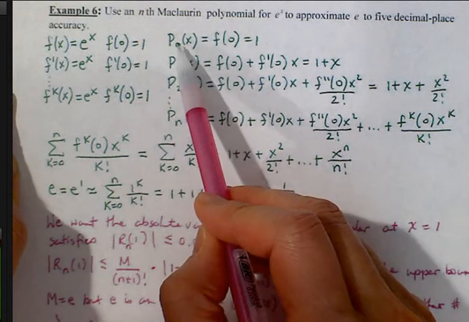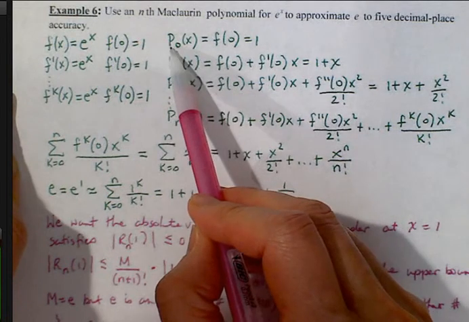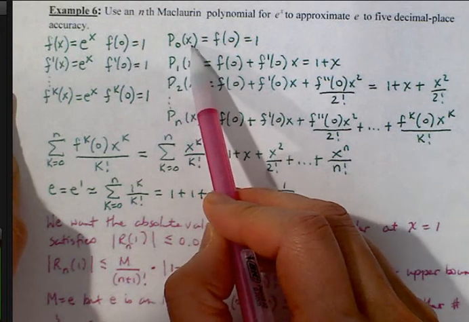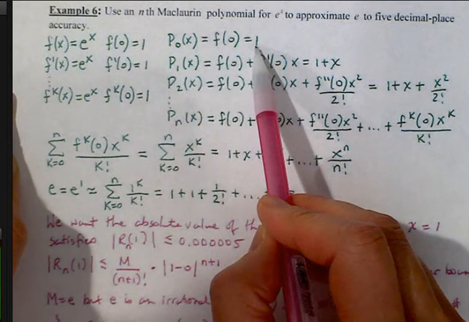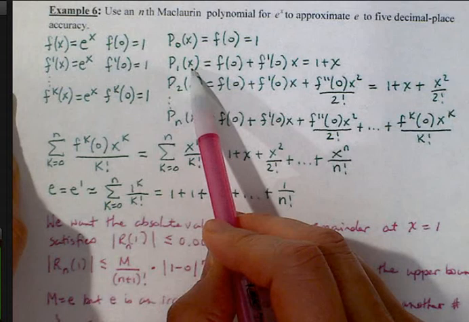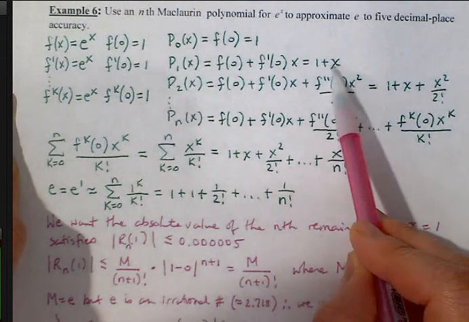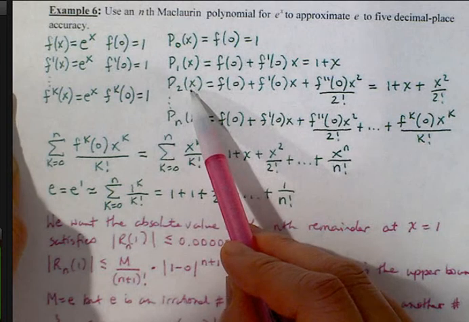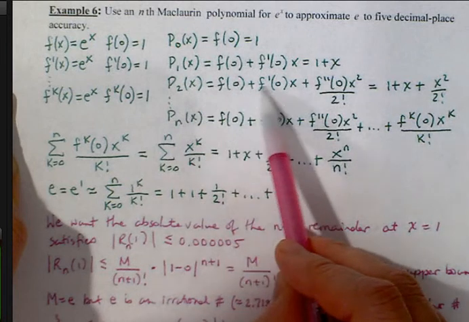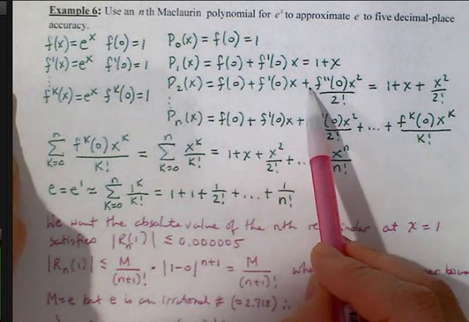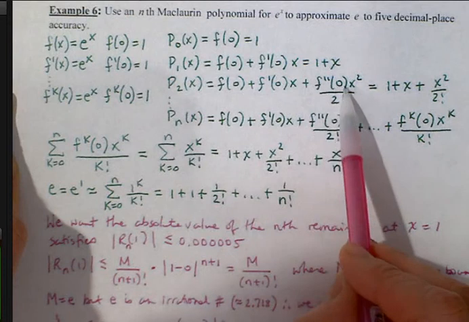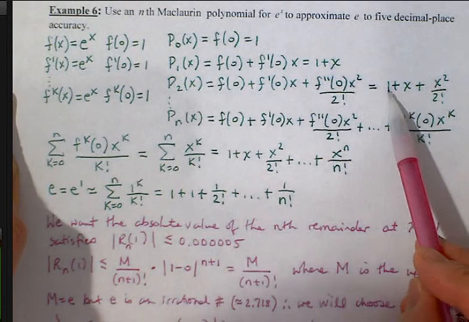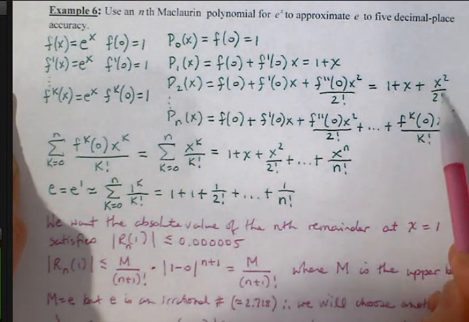Okay, so then I'm just deriving it over here on this side. The p sub 0, the 0th polynomial, is going to be 1. The first order polynomial, working through this, I get 1 plus x. The second order polynomial would be f of 0 plus f prime of 0 times x plus f double prime of 0 times x squared over 2 factorial, which ends up being 1 plus x plus x squared over 2 factorial.